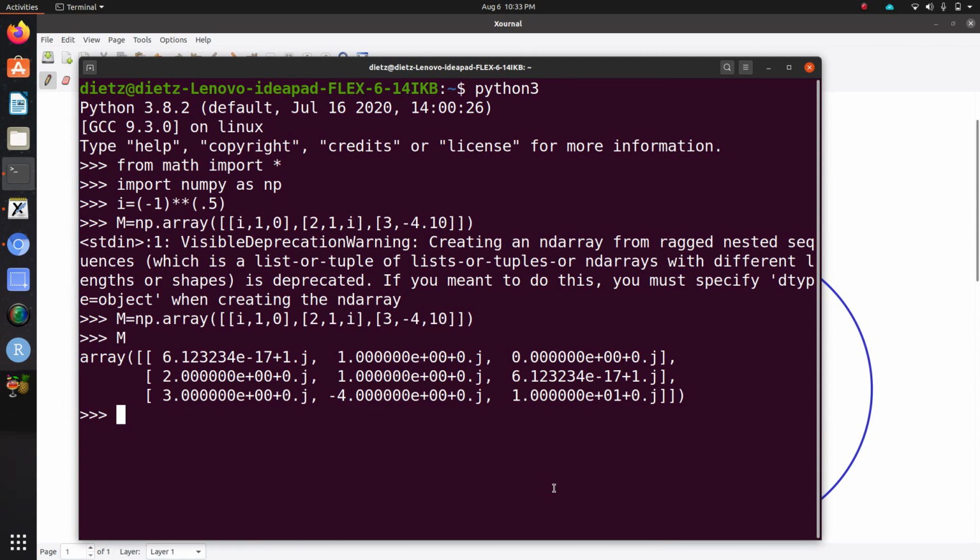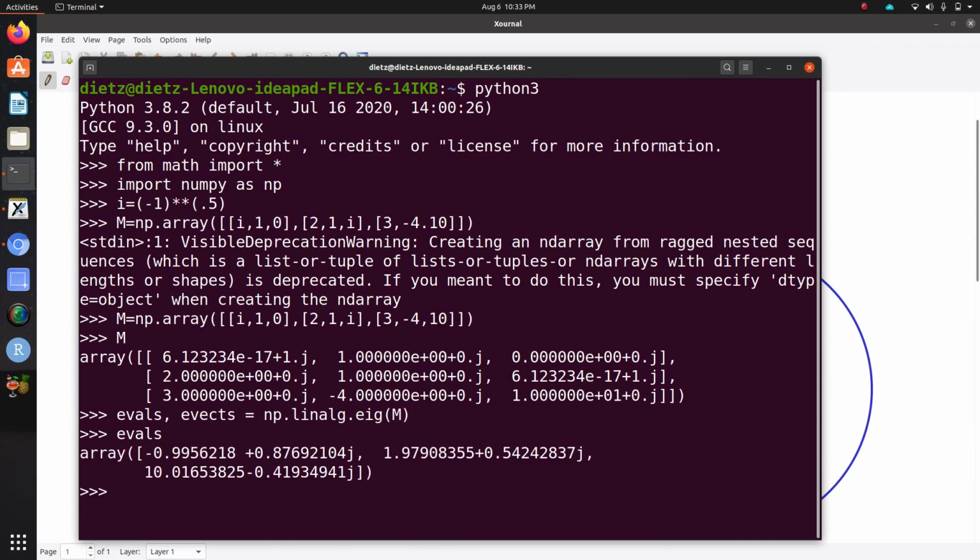So then what I'm going to do is ask for eigenvalues and eigenvectors. Okay, are we ready? I have eigenvectors in there too, but all I'm worried about right now is trying to figure out where my eigenvalues are. And it's saying that they all have some imaginary component.